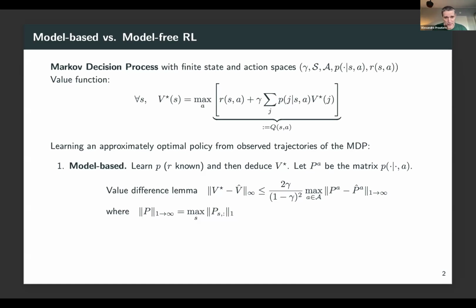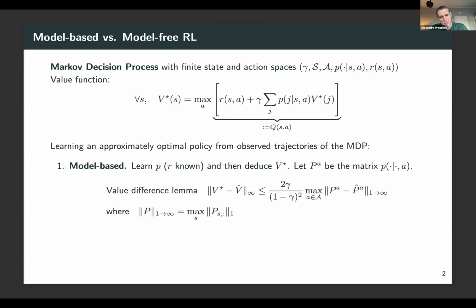There is a very natural result called the value difference lemma that connects the estimation error for the value function to the estimation error of your model.